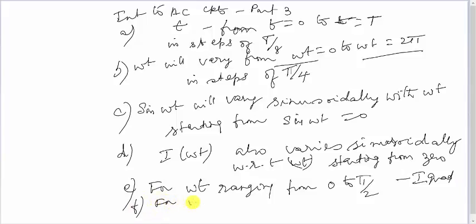For omega t ranging from pi by 2 to pi, the angle will be in the second quadrant.